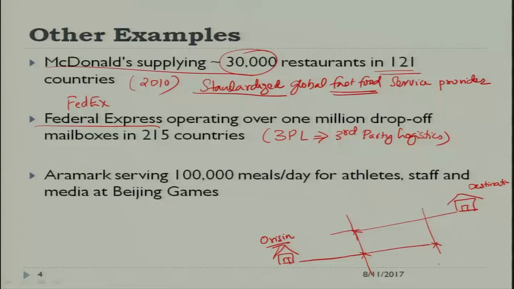So, Federal Express might think, okay fine, which way should I ship? Should I go like this? Should I go like this? Or the second option, should I go like this?